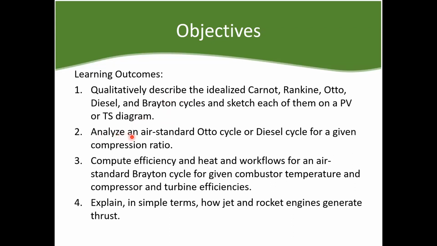Number two, analyze an air standard Otto cycle or Diesel cycle for a given compression ratio. Number three, compute efficiency and heat and work flows for an air standard Brayton cycle for a given combustion temperature and compressor and turbine efficiencies. Number four, explain in simple terms how jet and rocket engines generate thrust.